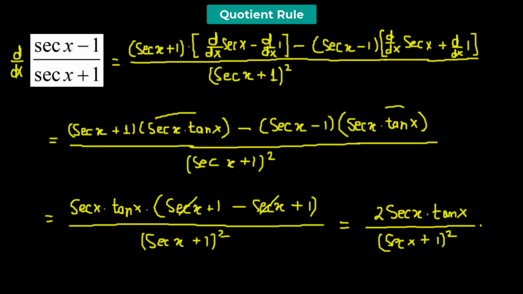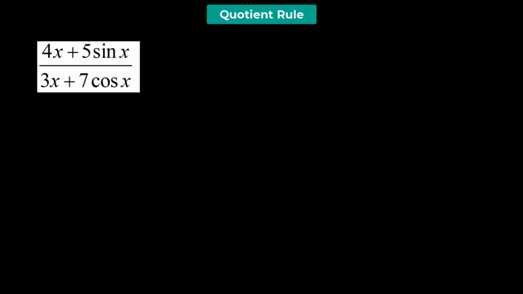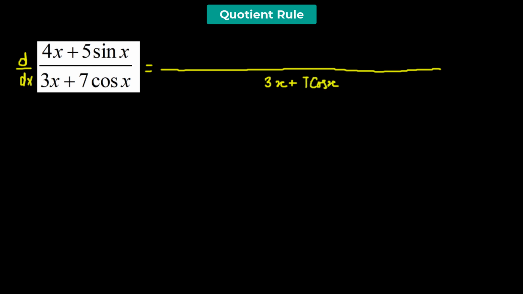Let's do another problem. So here we have 4x plus 5 sine of x divided by 3x plus 7 cosine of x. So let's find the derivative with respect to x. So we have 3x plus 7 cosine of x whole squared.